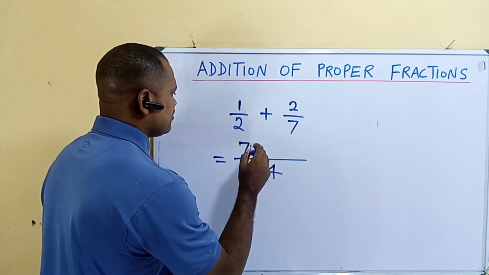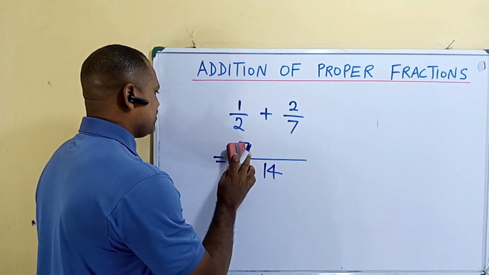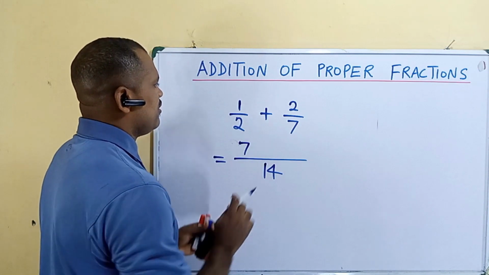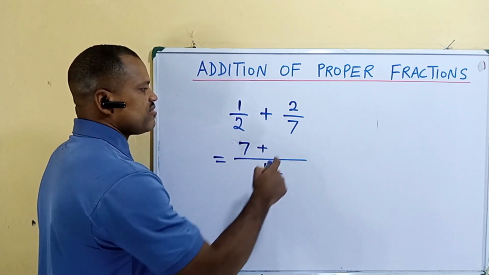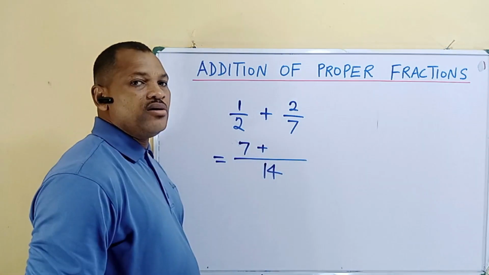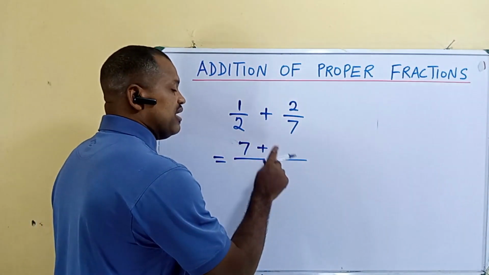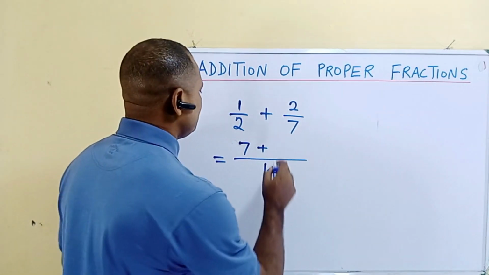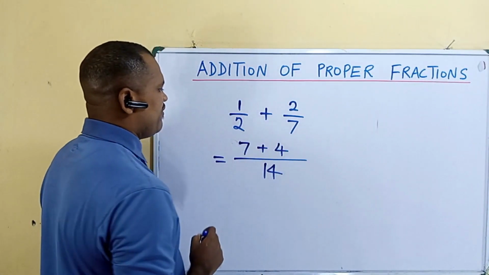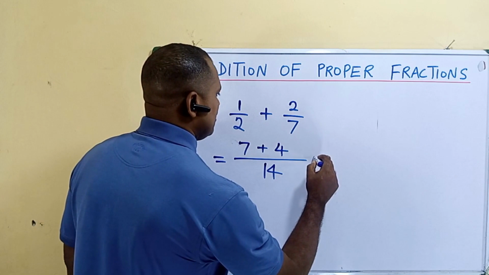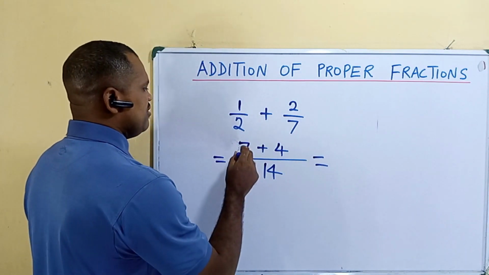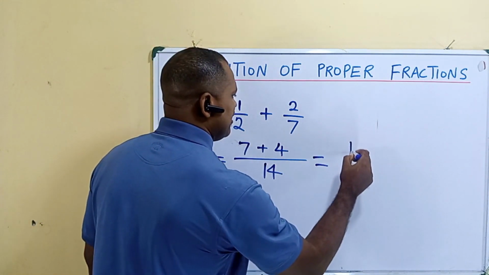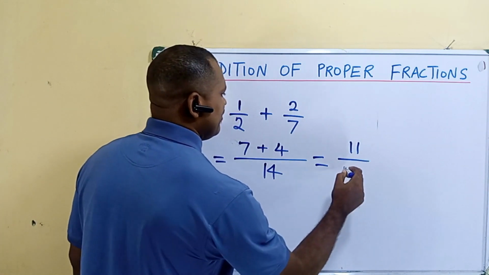Good. Plus 7 into 14 is 2. That 2 times this 2 here will give you 4. So you have this, and the answer will be 7 plus 4 is 11 over 14.